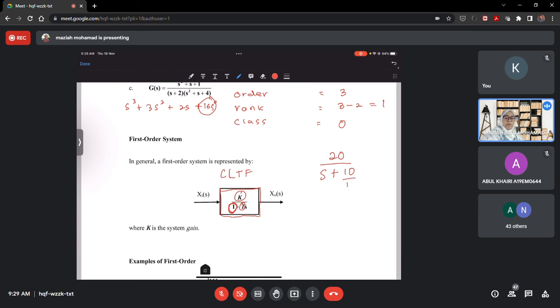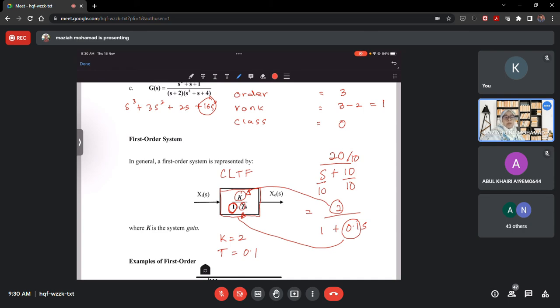So we need to divide by 10, divide by 10, divide by 10, because we want to have 1 there. Therefore the transfer function will become 2 over 1 plus 0.1s, since 20 divided by 10 is 2 and 10 divided by 10 is 1. Okay, so now you can compare 2 to K and 0.1 to T. So K is equal to 2 and T is equal to 0.1.